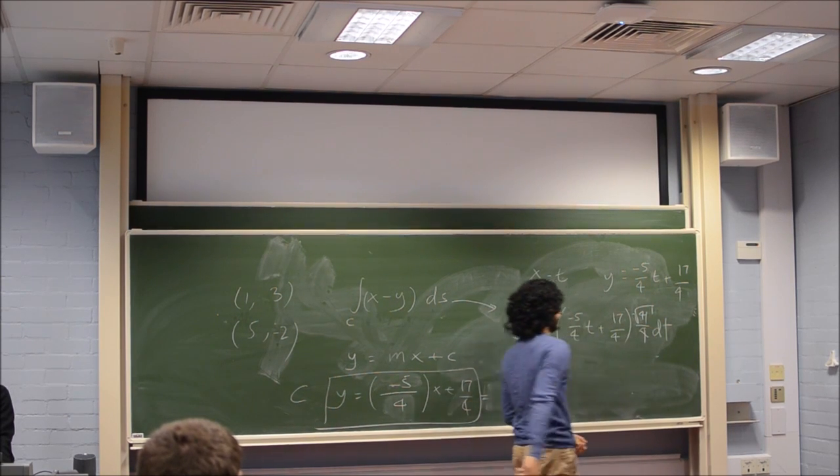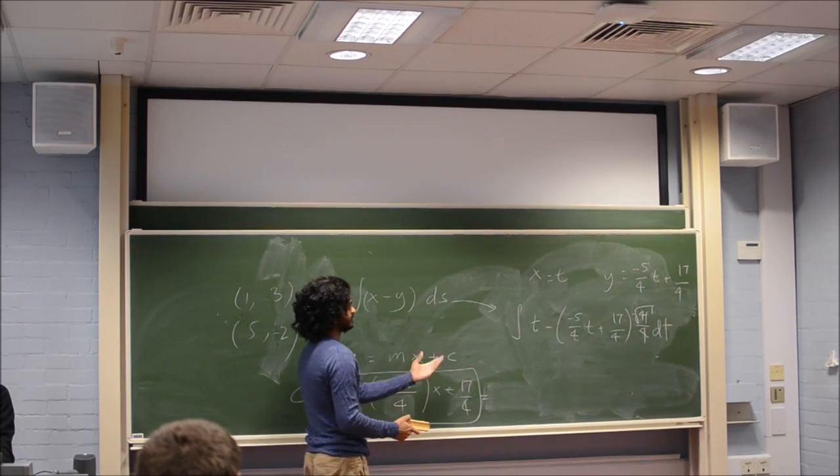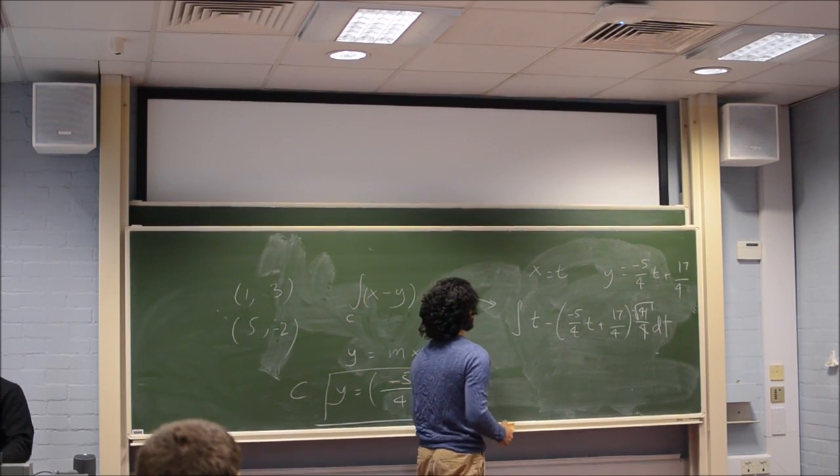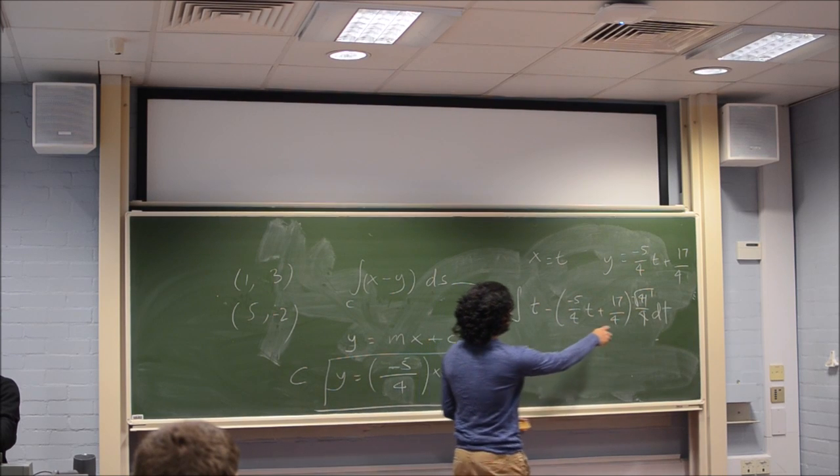Anyway, right, that is square root of 41 over 4, and now you just have to integrate this. It's not going to be that difficult because it's just a constant.